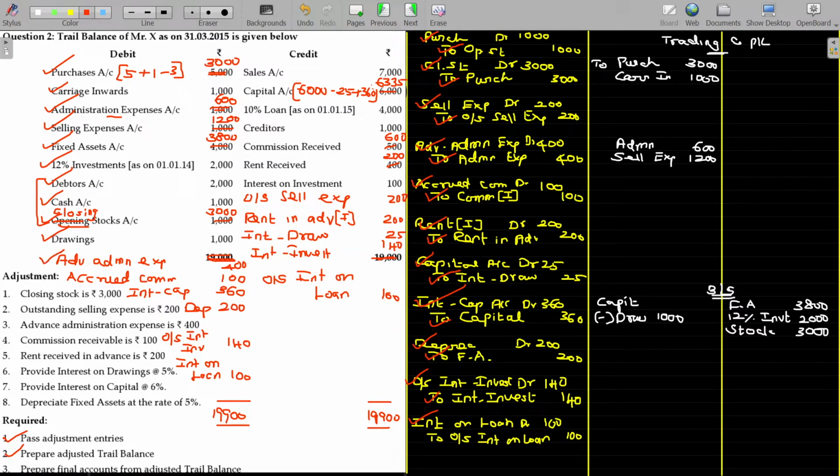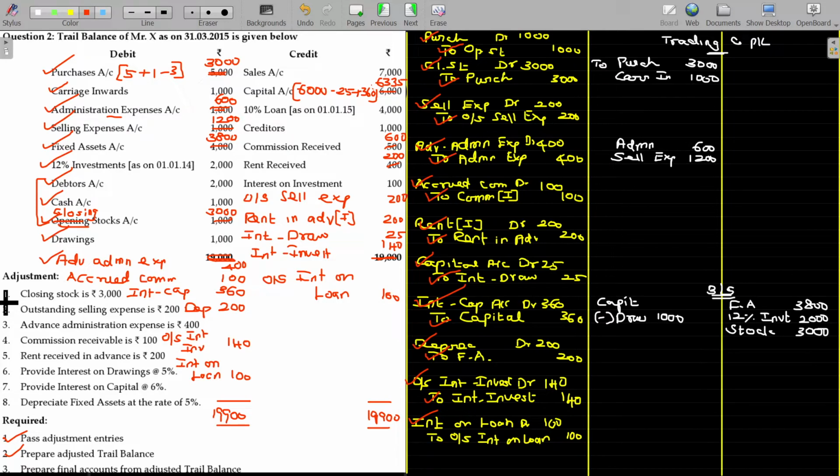And advance admin expenses, where will it be posted? Advance admin expenses: real account, personal account or nominal account? Personal account. Will that come in the trading and P&L account? Trading and P&L account are nominal accounts, right? So that will contain only nominal account items.